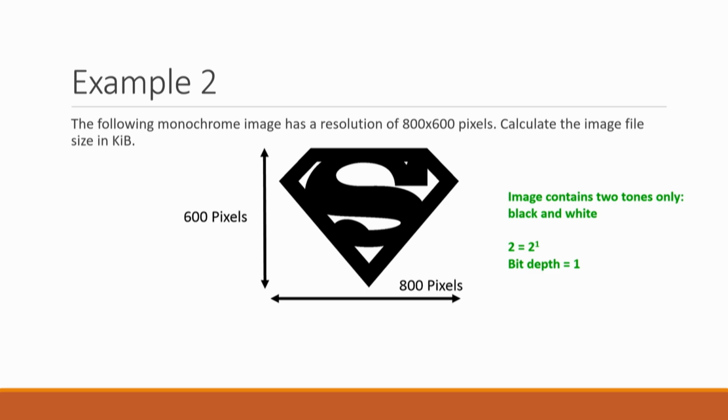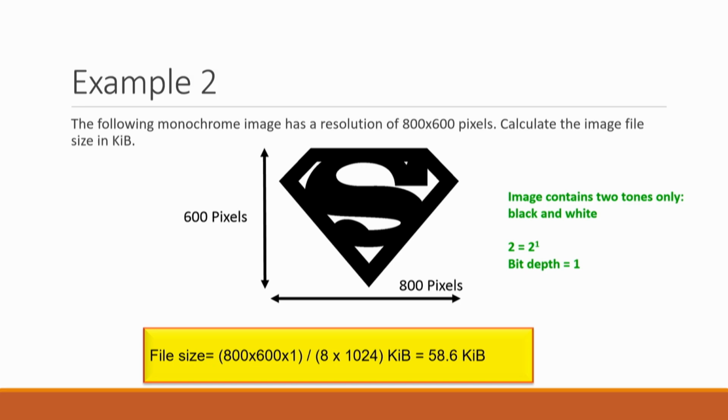This gives the image a bit depth of 1. Proceeding with our calculation, we have 800 times 600 times 1 divided by 8 times 1024. That gives us 58.6 kibibytes.